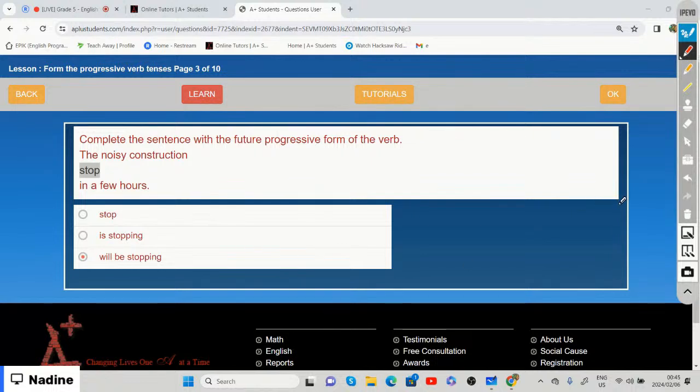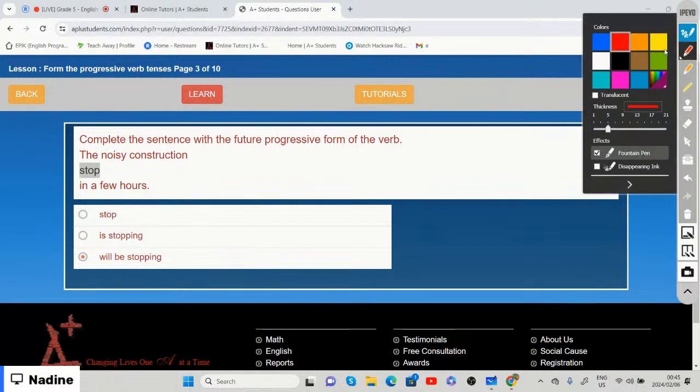All right, so we say then will be stopping in a few hours' time. So this is in the future progressive tense.